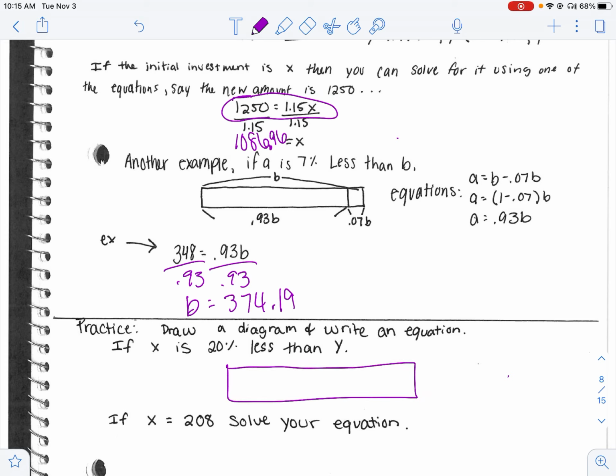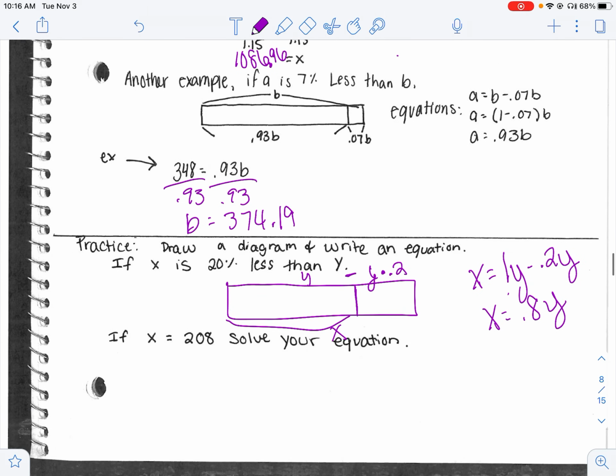So we need a box to start with, and x is 20% less than y. Okay? So we have y, so y is a whole. Okay, and then we have y times 0.2, but these need to be subtracted. So we know that x is our whole caboodle, x equals 1y minus 0.2y, or x equals 0.8y.